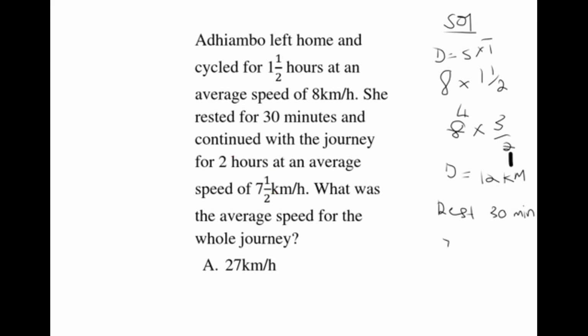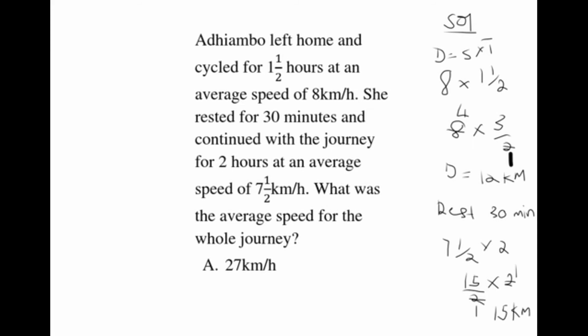We have 7.5 times 2 hours. We change this into improper fraction. This is 14 plus 1, 15. Therefore, we have 15/2 times 2. Simplify 2 divided by 2, 1, 2 divided by 2, 1. 15 kilometers.